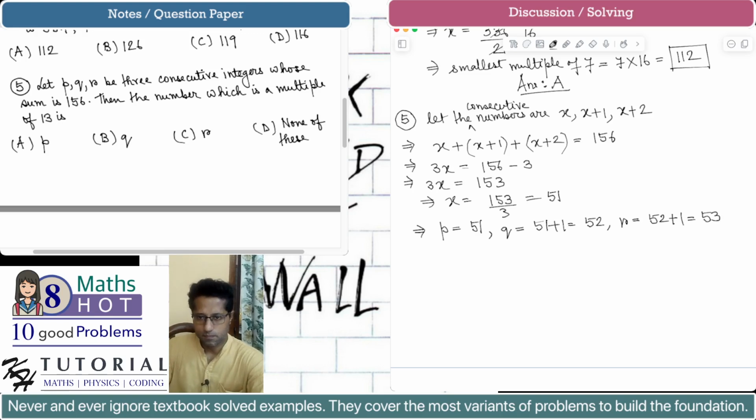Now we have to see which of P, Q and R is a multiple of 13. Clearly we can see that 52 is a multiple of 13, as 52 is 13 into 4. So Q is equal to 52. Hence the correct choice will be Q, that is choice B.